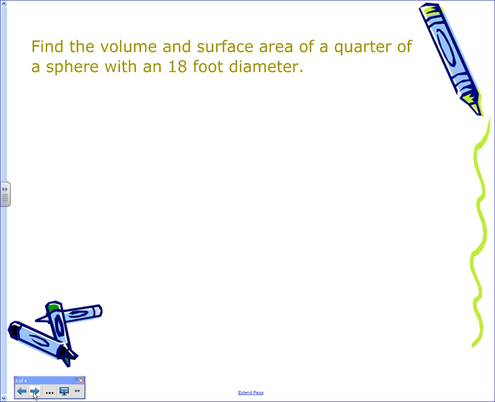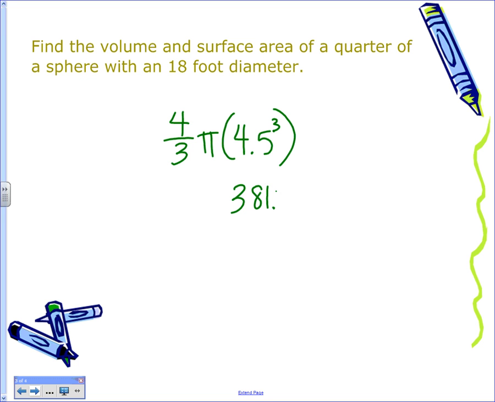Someone want to go work out the volume one? Where did the 4.9 come from?